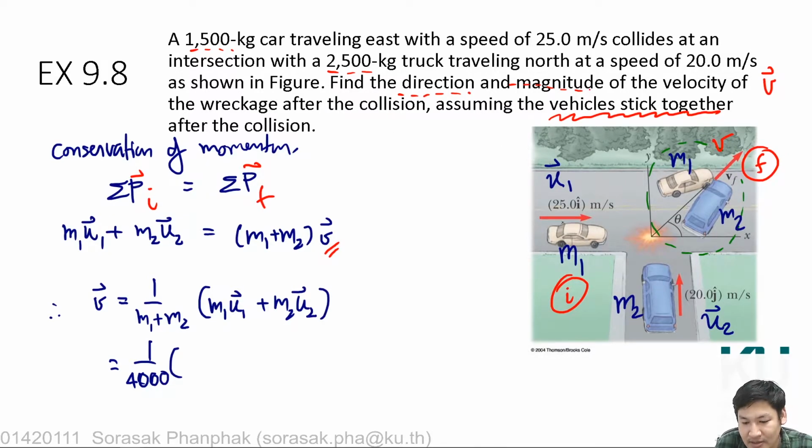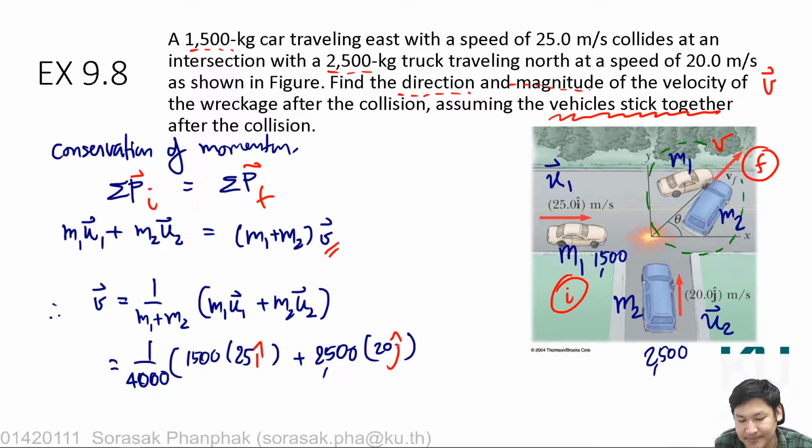a car traveling east, so this is m1, 1500, and the north-traveling one is 2500. So you have 1500 with the eastward direction, and the velocity is 25i. I will write it this way so that you can see it as a vector, plus 2500 with a velocity of 20j, moving upward, northward.